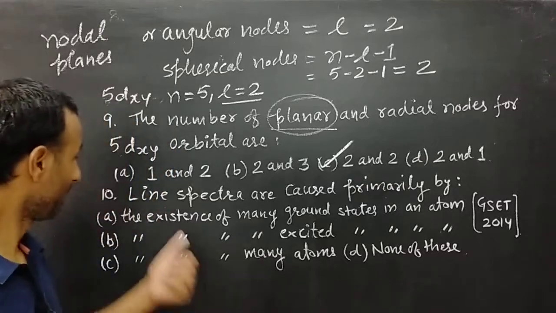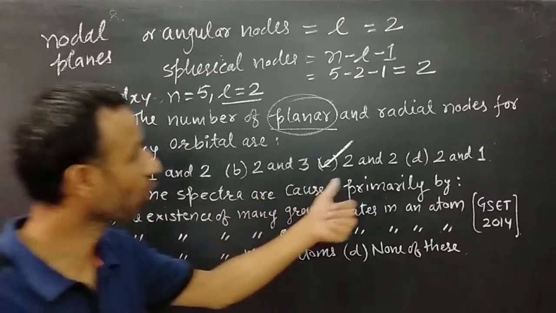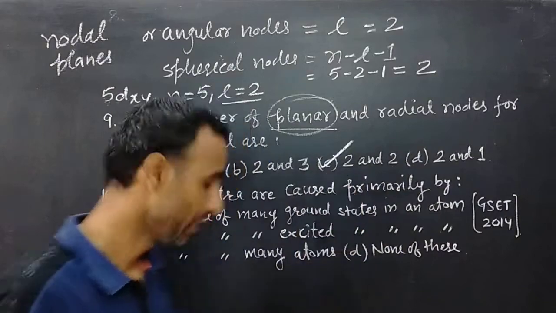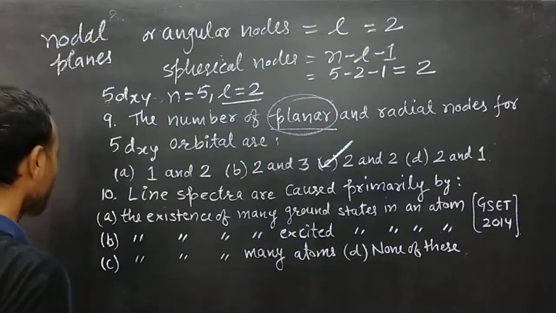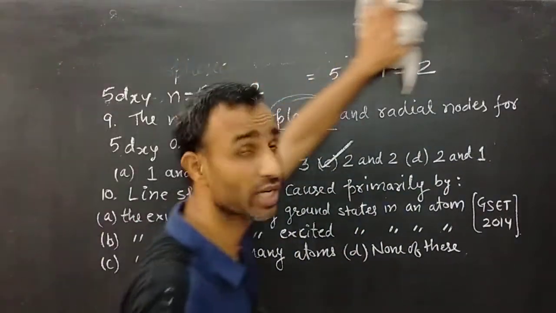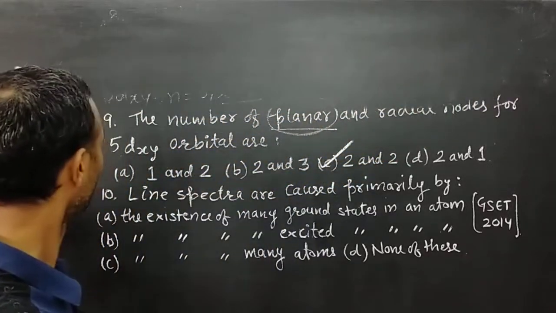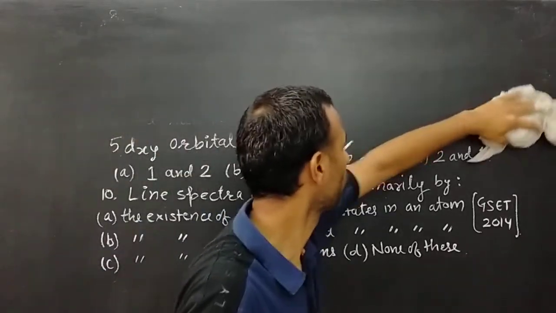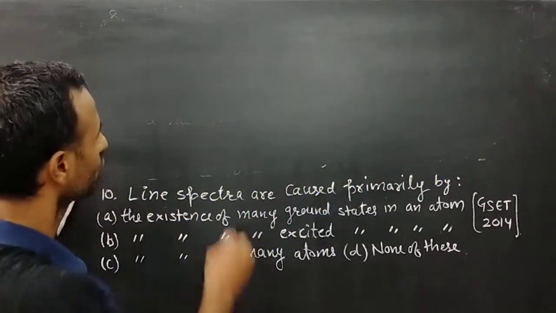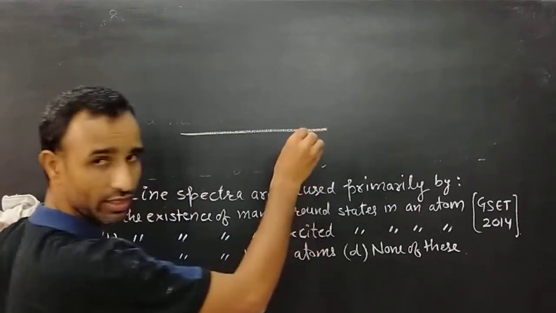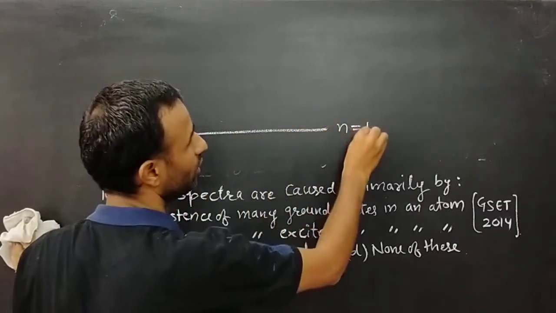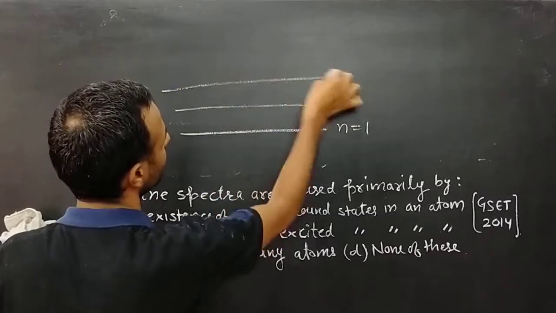Simple. Now line spectra are caused primarily by... what is line spectra? Line spectra is actually emission spectra. There is only one ground state, but there are many excited states.